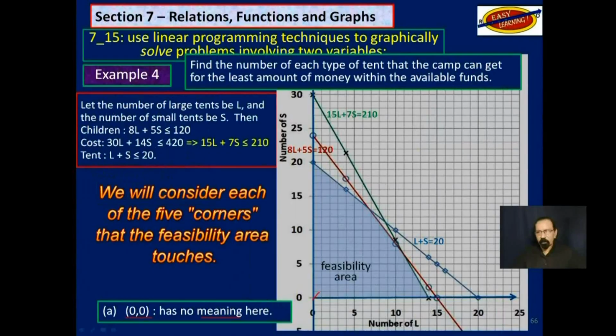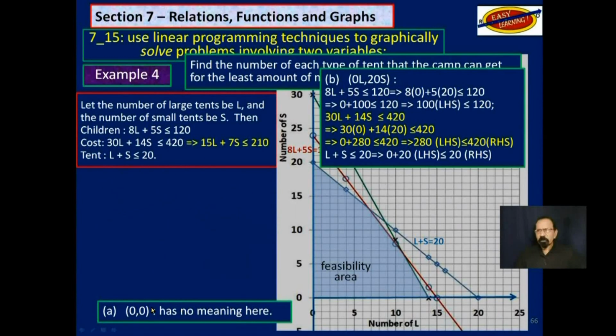So let's ignore that. This situation here, if we rent 20 small tents and 0 large tent, then we will only be able to accommodate 100 campers, and we need to accommodate at least 120. So that will not work right there.